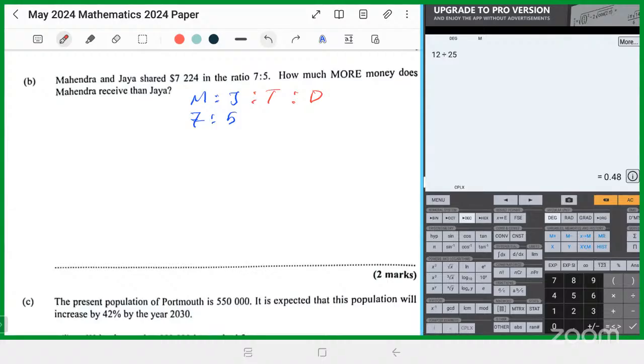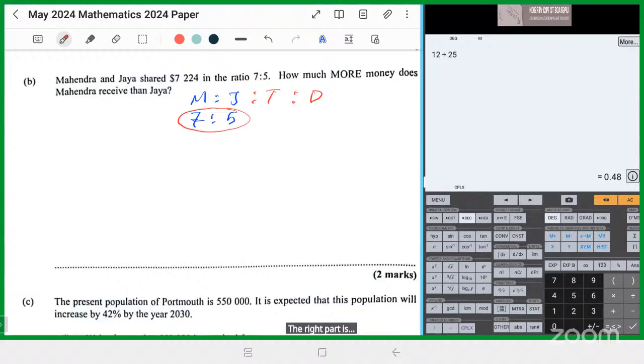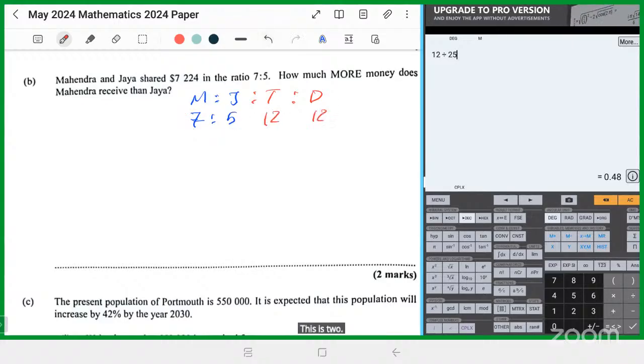The total parts is 12, and the total is 7224. So what I want is to extend these values to represent the actual values.